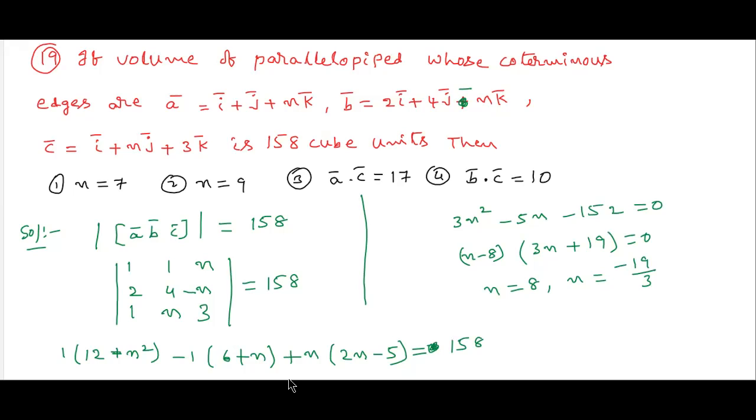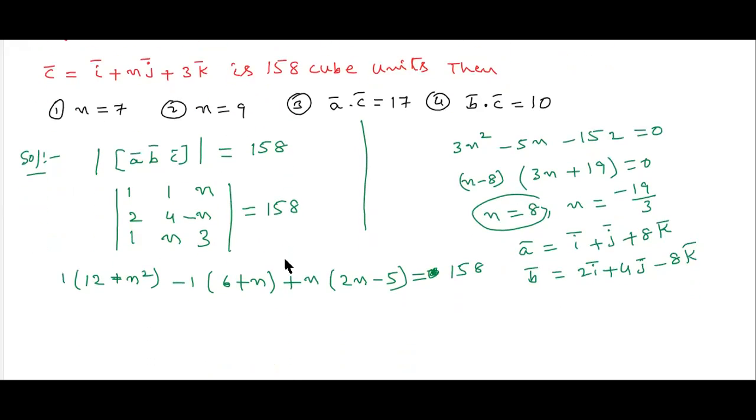Now observe that A vector, n value 8, I am going to substitute: A bar is i plus j plus 8k. Now I am going to substitute in B. B, what happened? See, 2i plus 4j minus 8k. Similarly, substitute in C also. C bar is equal to i plus 8j plus 3k.